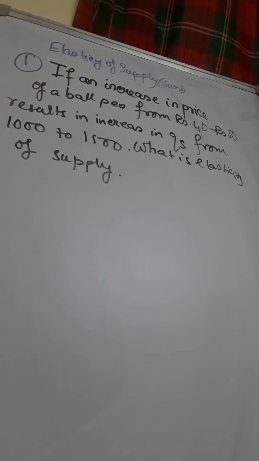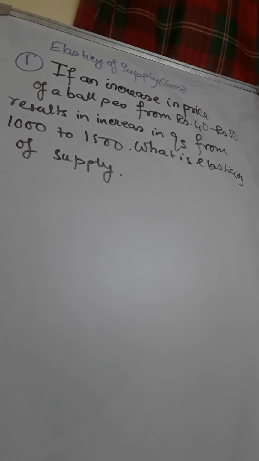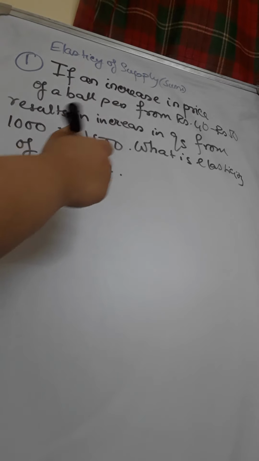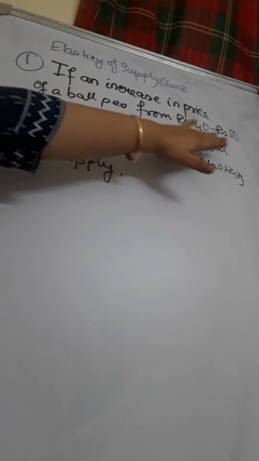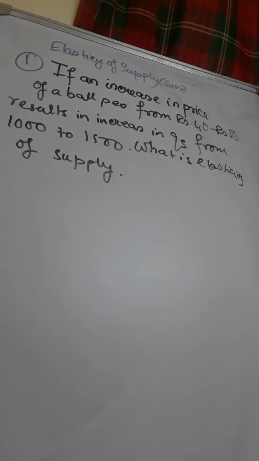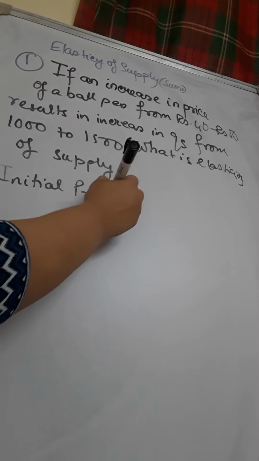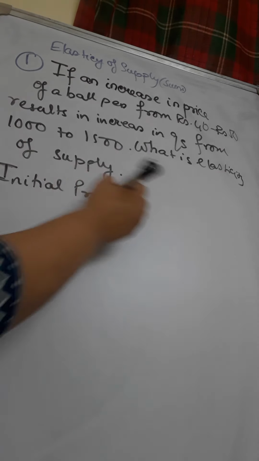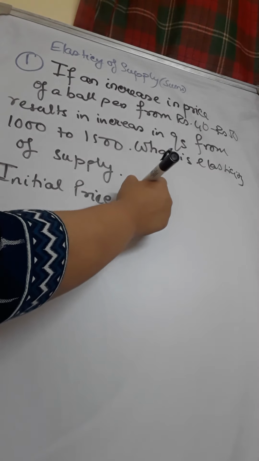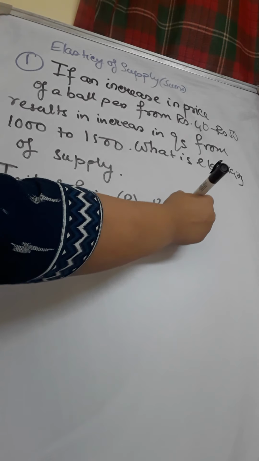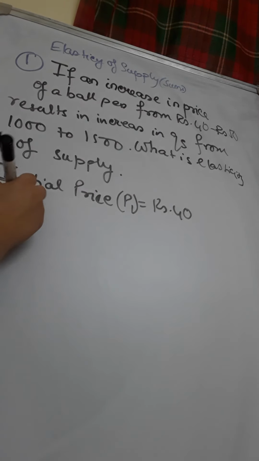So first of all, we have to write out the things which are given, and then we will apply the formula. So the price of the pen increases from rupees 40 to 50. So the initial price, you can name it as P1, which is equal to rupees 40, and the price rose.